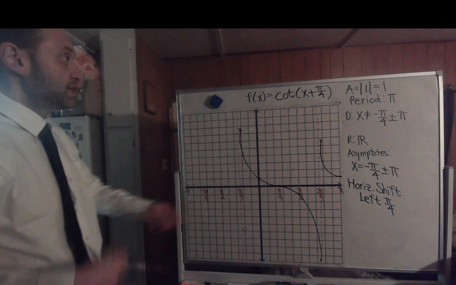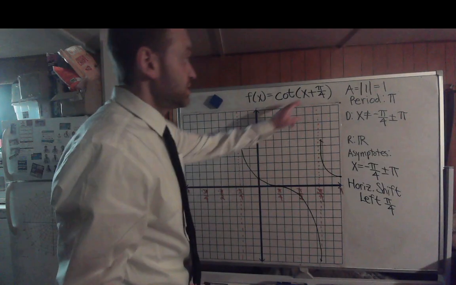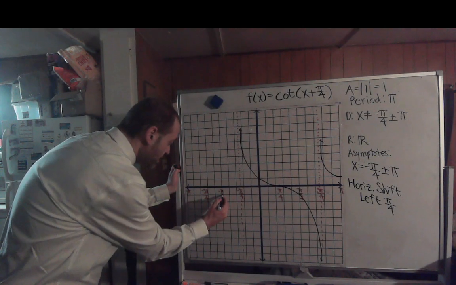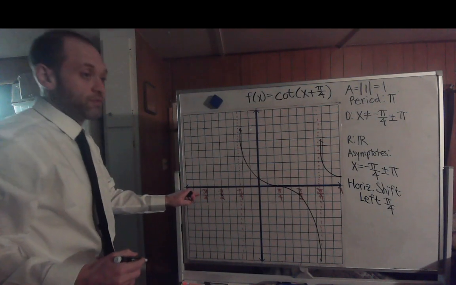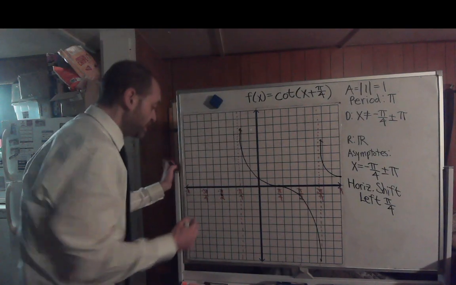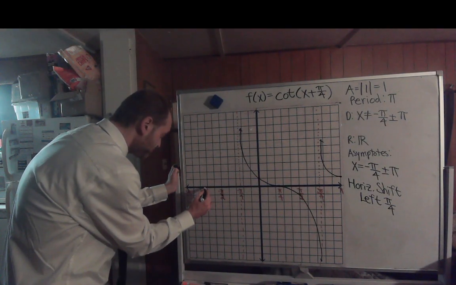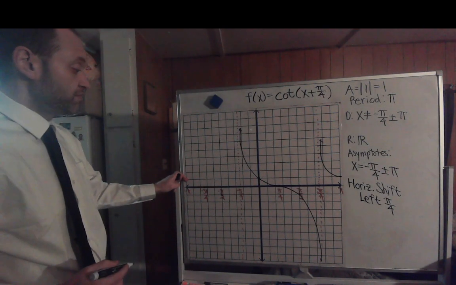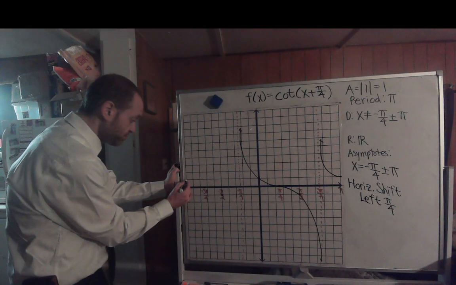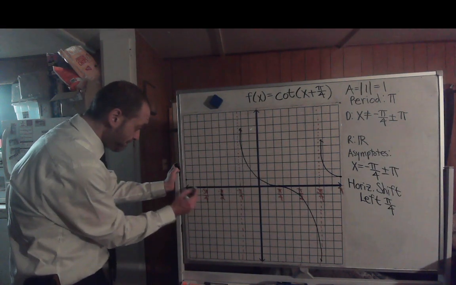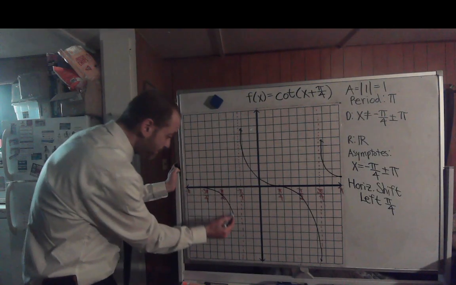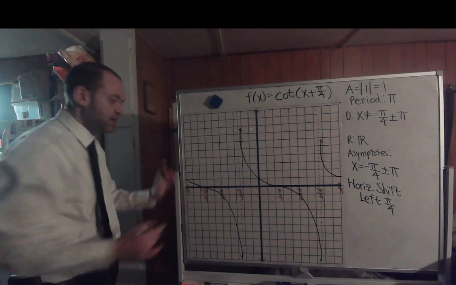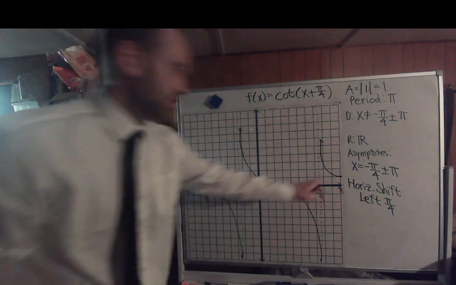Alright, if I pick negative pi over 2, I'll get the cotangent of negative pi over 4, which is negative 1. If I pick negative 3 pi over 4, I'll get the cotangent of negative pi over 2, which is 0. If I pick negative pi, I'll get the cotangent of negative 3 pi over 4, which is positive 1. So yes, you have this really weird cutoff to the left and even to the right.